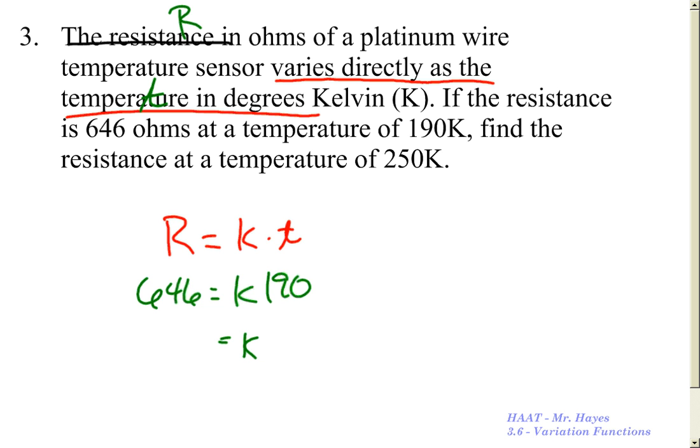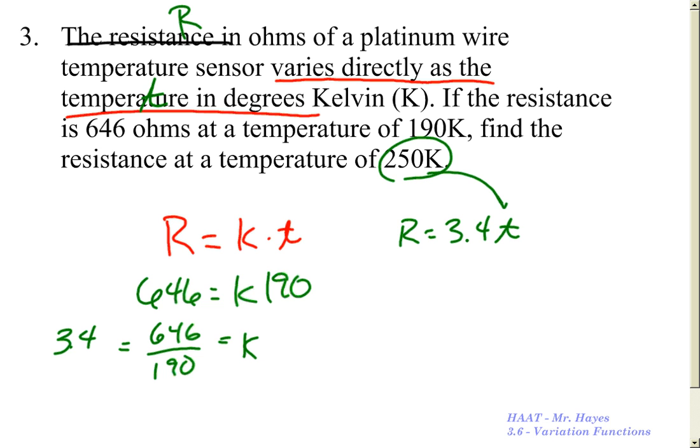So your constant here of resistance is going to be 646 over 190, which if you reduce it, now again, with all these things, leave them in fractional form, particularly if the decimal's messy, because you can get so much of a better answer. In this case, it's just 3.4, so we're okay. So our equation shall be resistance is equal to 3.4 times T, temperature 250 Kelvin going here, so R is going to equal 3.4 times 250, which is 850.